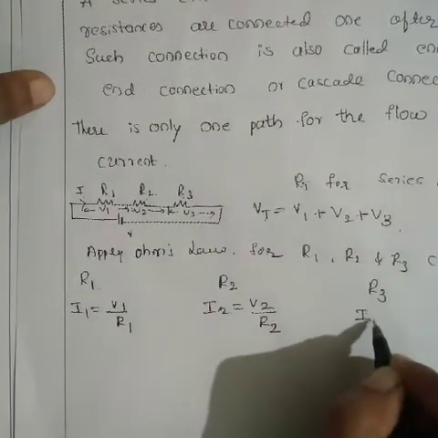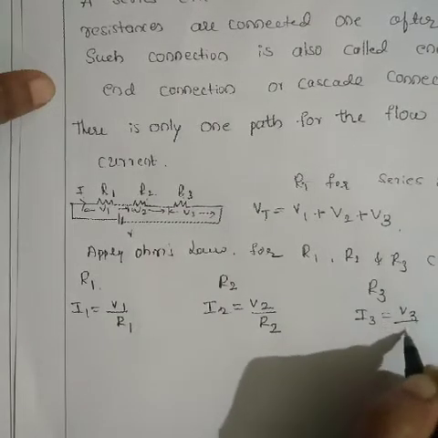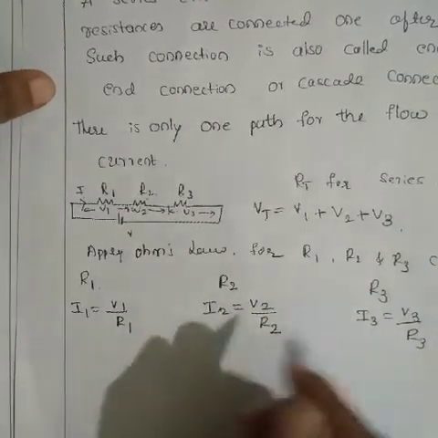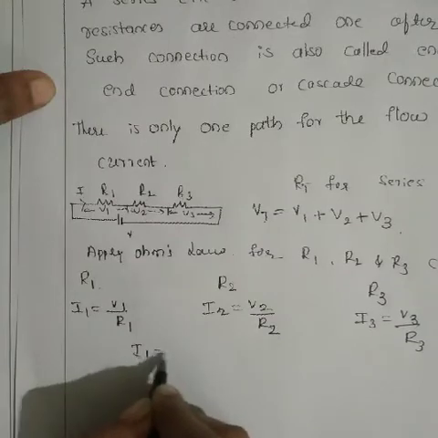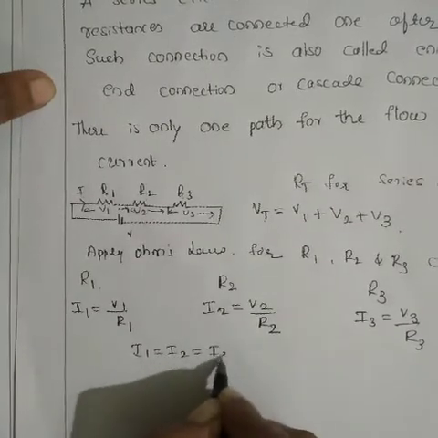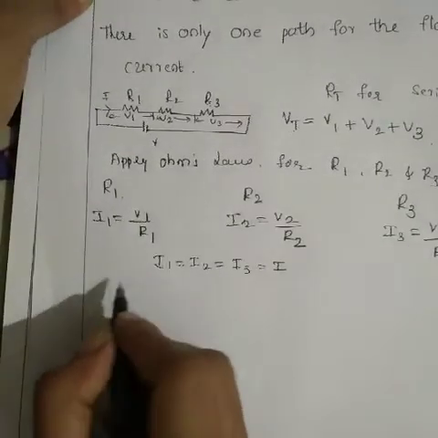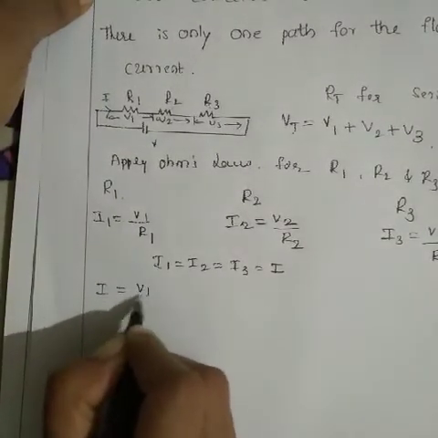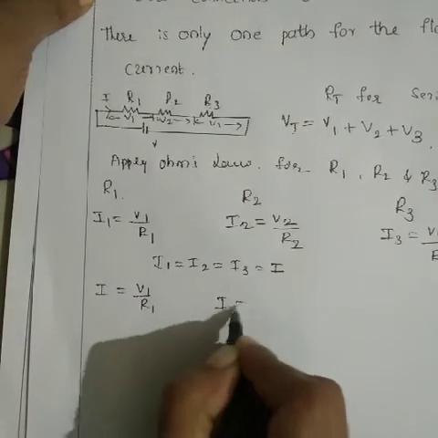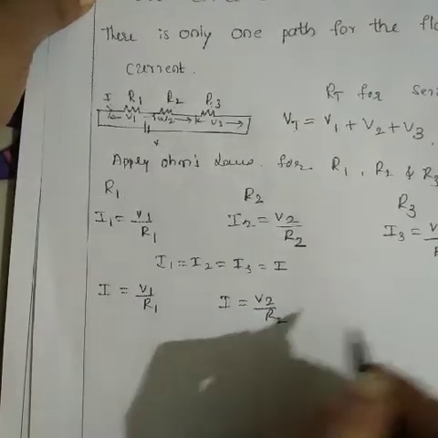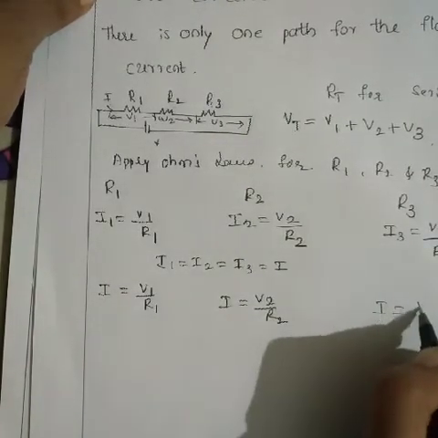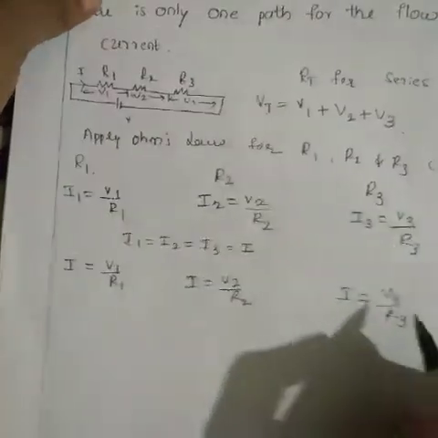For R3, I3 is equal to V3 by R3. But I1, I2 and I3 are the same current, that is I, which flows throughout. That is I is equal to V1 by R1, I is equal to V2 by R2, I is equal to V3 by R3.